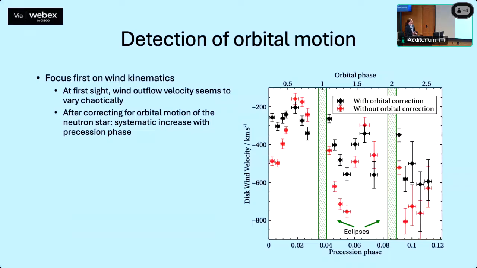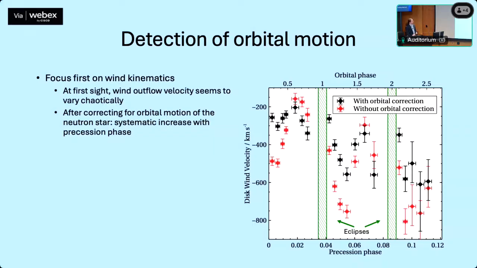But with the precision of XRISM, we can see this very precisely, and actually we start seeing the orbital motion of Hercules X1 around the secondary star, here in the red points. Of course, the wind is being launched from the disk, which orbits the neutron star, and the neutron star is in orbital motion with the secondary star. And so we can see these sinusoidal variations in the wind velocity over the orbital cycle.